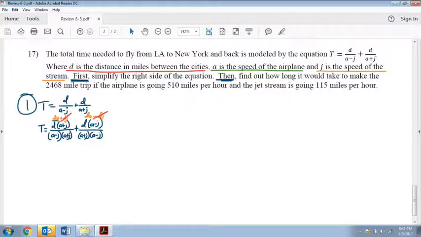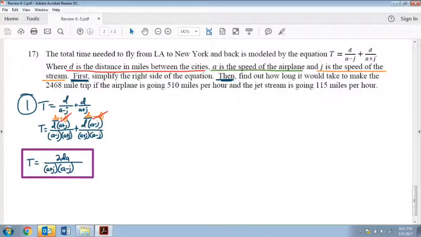I got two dAs. So I've got 2dA over a plus j and a minus j. That would be your simplified form. Which I don't think really looks any simpler than the original, but that's technically the simplified form. Whatever.